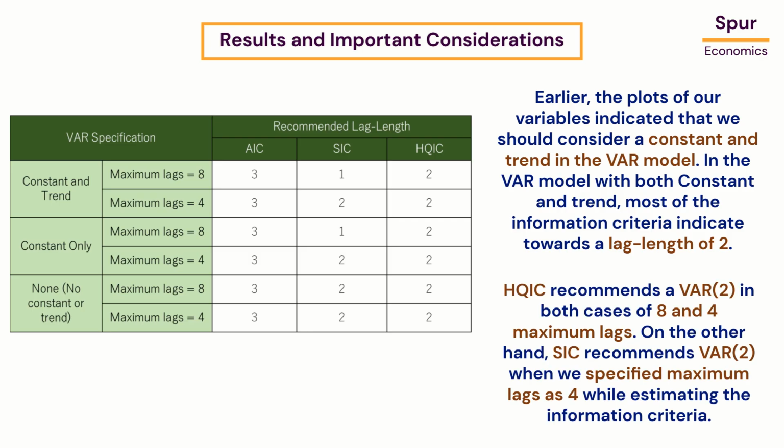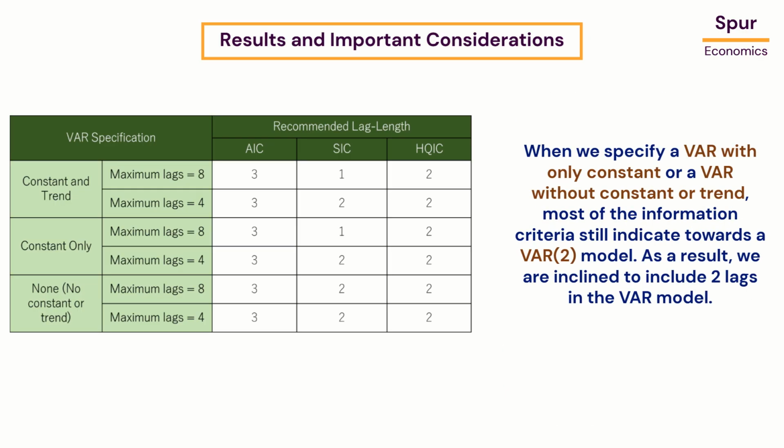HQIC recommends a VAR 2 in both cases of 8 and 4 maximum lags. On the other hand, SIC recommends VAR 2 when we specified maximum lags as 4 while estimating the information criteria. When we specify a VAR with only constant or a VAR without constant or trend, most of the information criteria still indicate towards a VAR 2 model. As a result, we are inclined to include 2 lags in the VAR model.